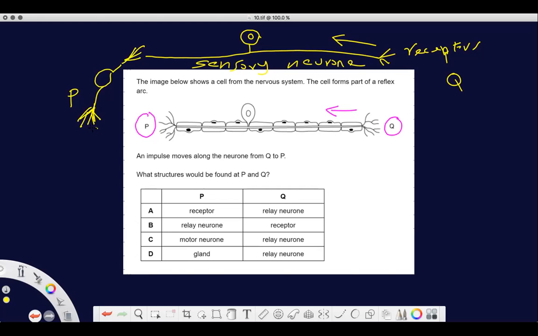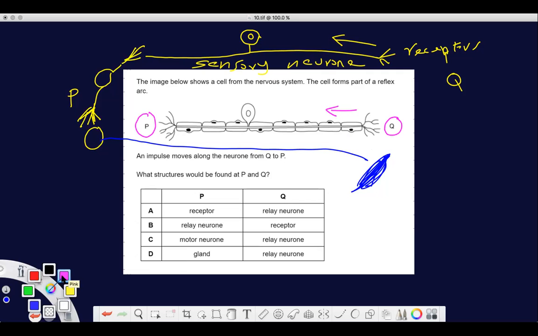Then the relay neuron is connected to the motor neuron. And then the motor neuron's axon is running like this to the muscles. So usually this part represents the spinal cord. Here's the spinal cord.